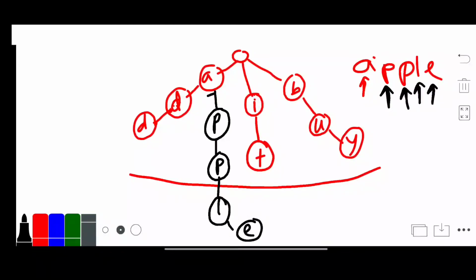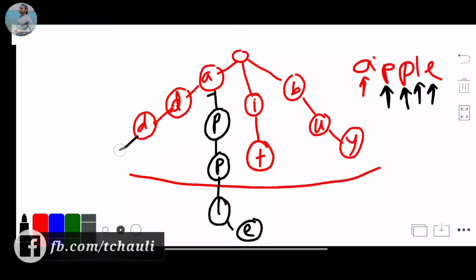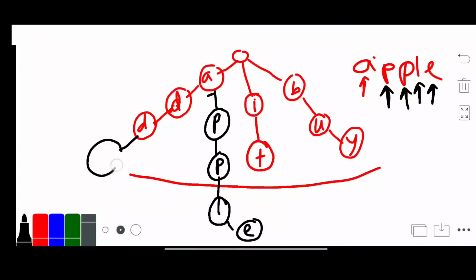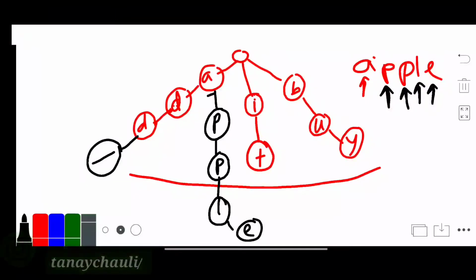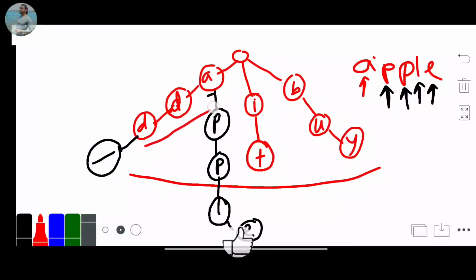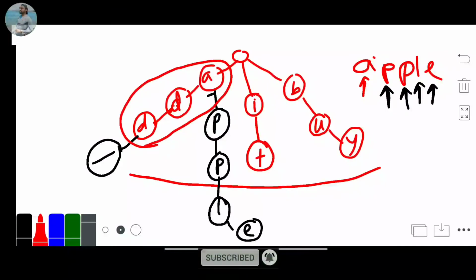Now we check if we search some element like apple. At the end of apple we check whether there is a termination or not, meaning after apple whether another letter is present. If another letter is present then our result should be false, because as you can see, at the end of the add we add a termination.